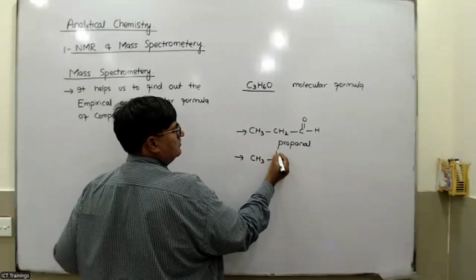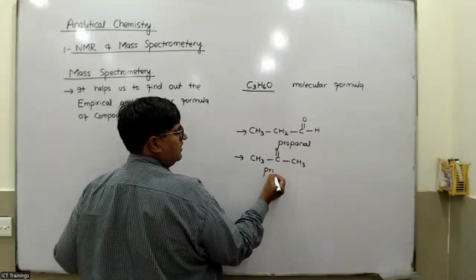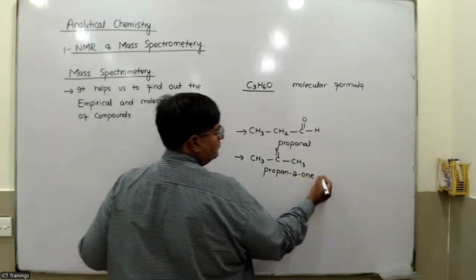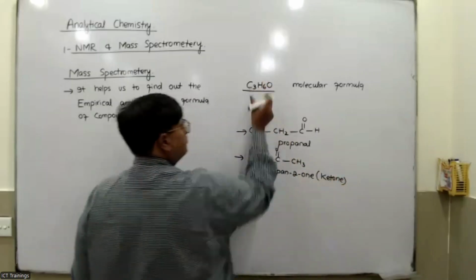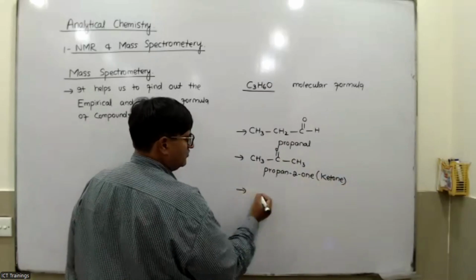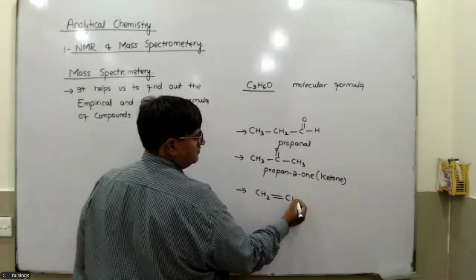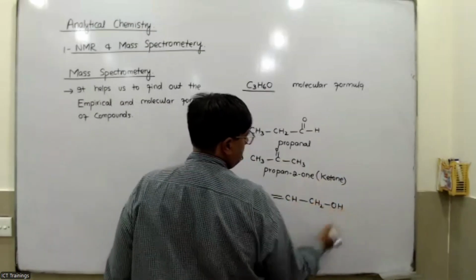This formula could also be CH3, C double bond O, and CH3. So this is propan-2-one, my dear students, the ketone. So this formula could have this structure. And the last one, CH2 double bond CH, CH2, and OH.